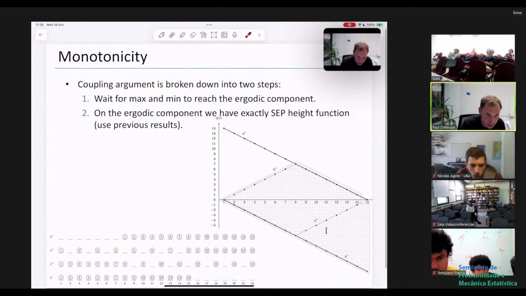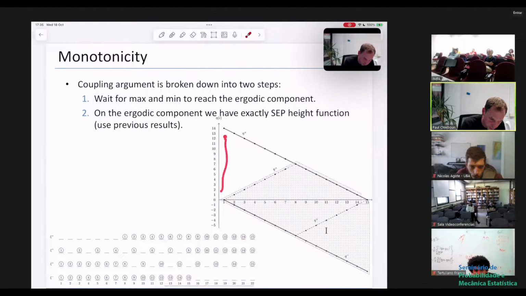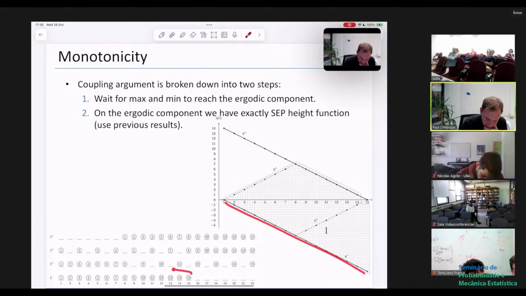So the height function for that starts at maximum height here, and then just goes down with slope 1 to 0. Okay, so that's the maximal configuration, and equally the minimal configuration is all the particles stacked up on the left.